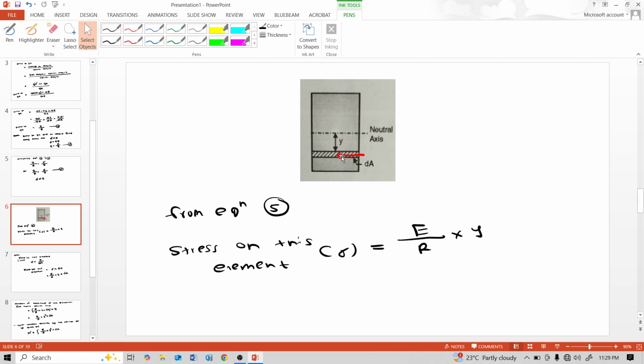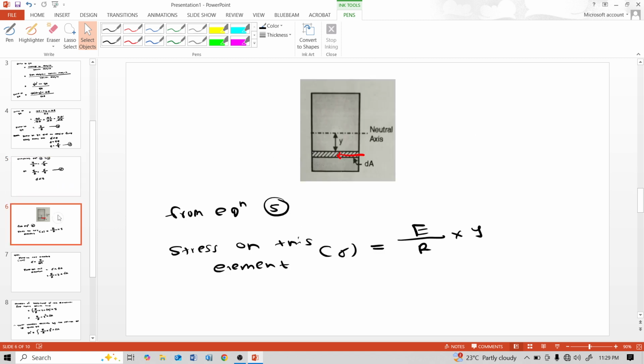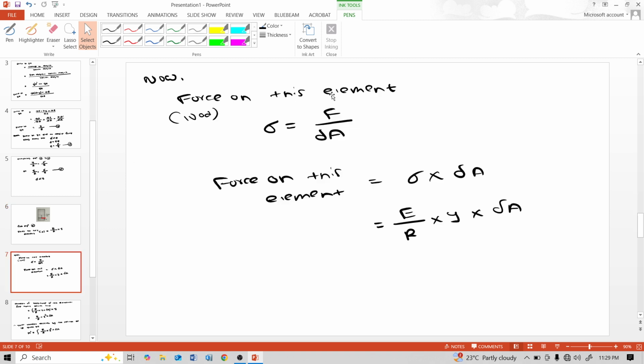Now section for this neutral axis, calculate stress on this element. Stress on this element is E upon R into Y, and force on this element is this. By using the stress formula, stress is equal to force upon area.